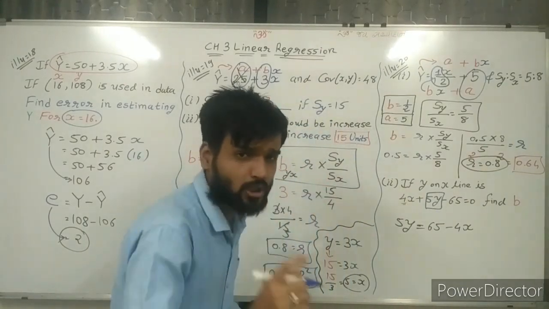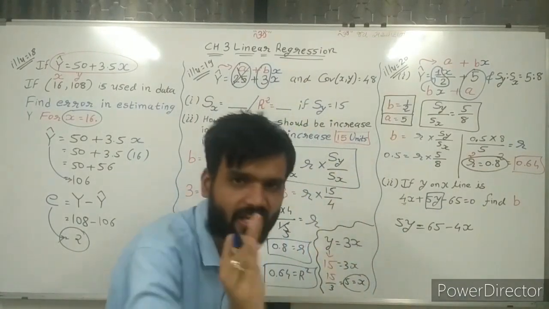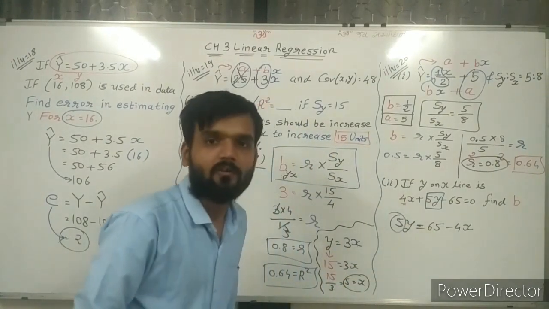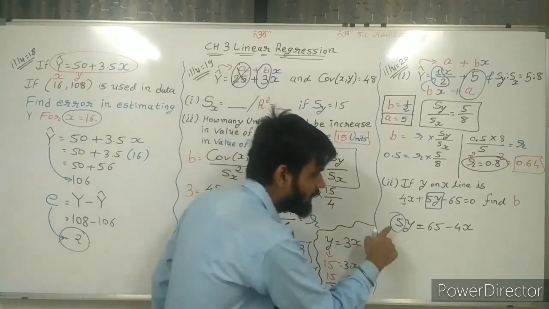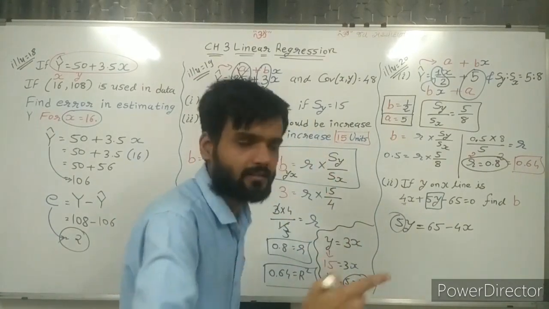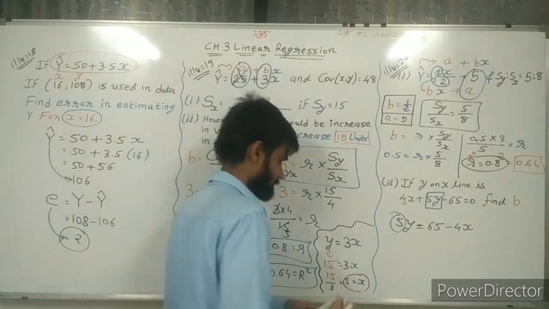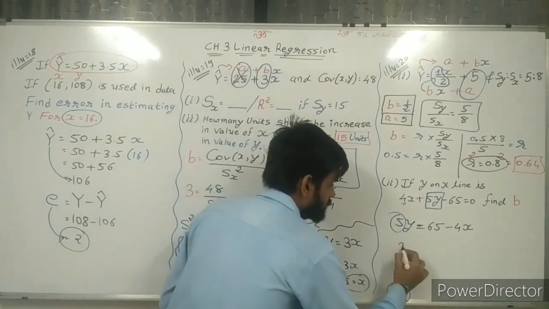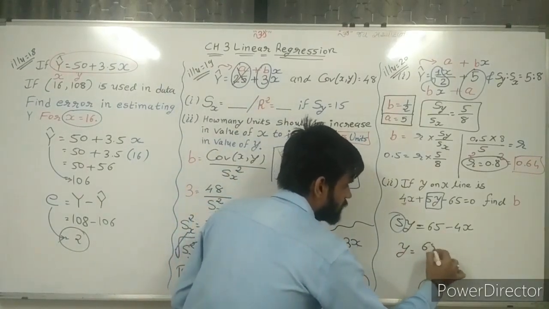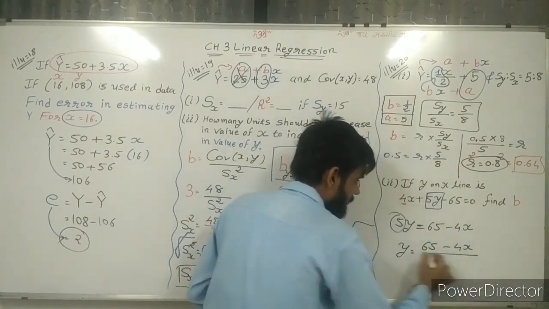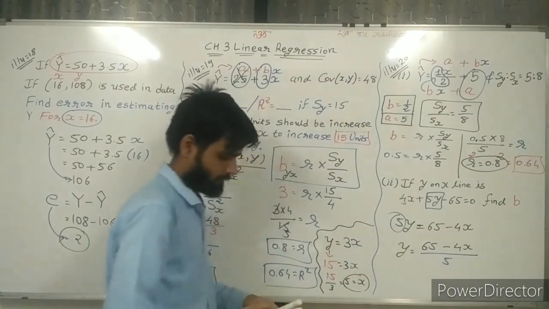Now sir, actually what do we need? We need only y. So with y, what is given? 5. So it is in multiplication. Change its side, so it is in the denominator, division. So y is equal to 65 minus 4x divided by 5.